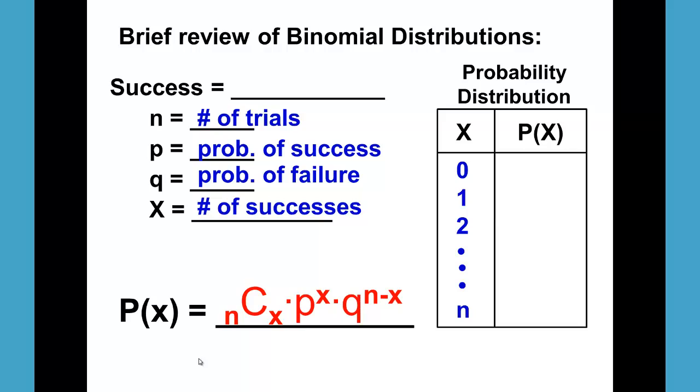If you have X successes, the rest, N minus X, gives you the number of failures.